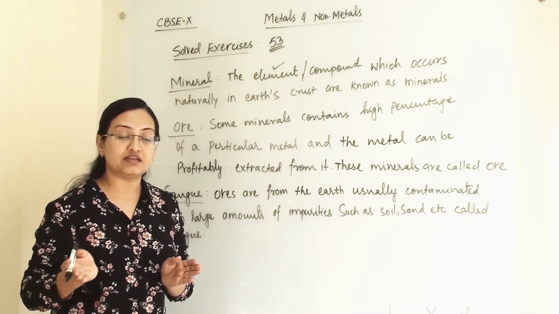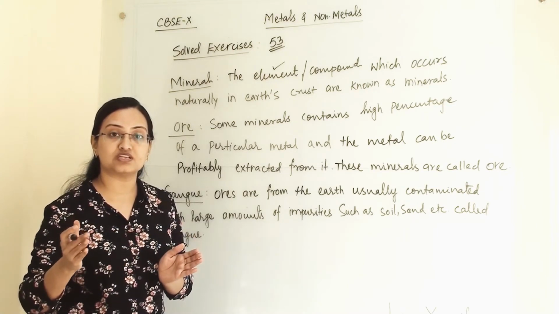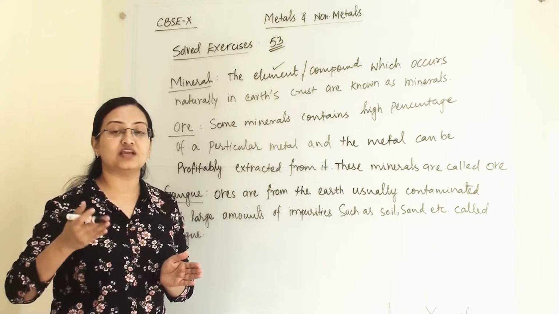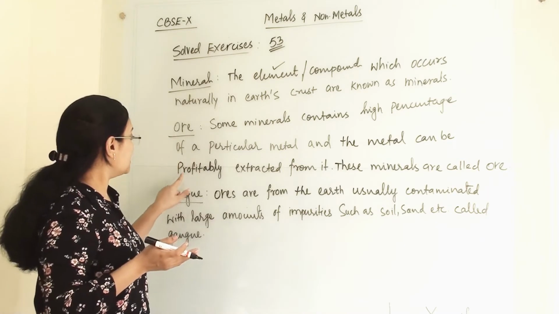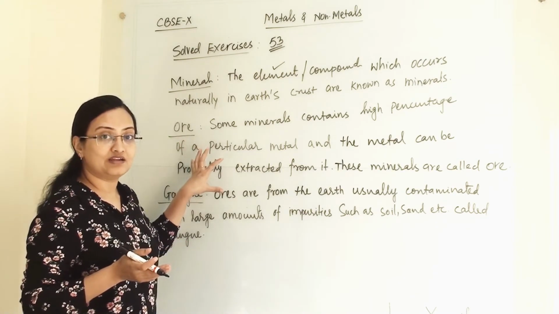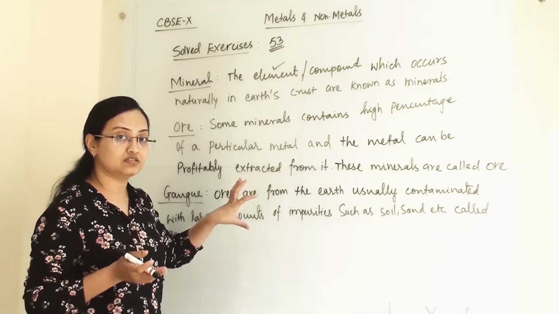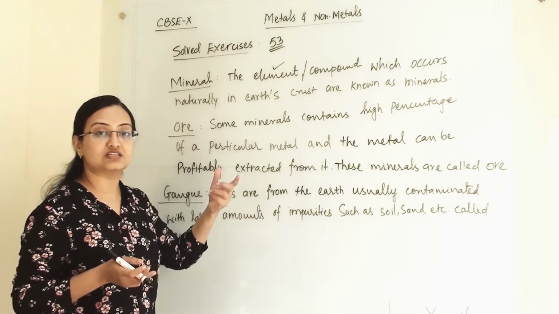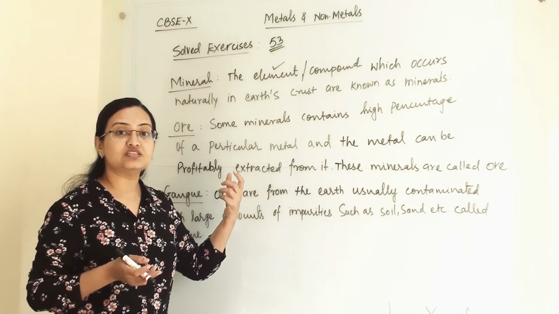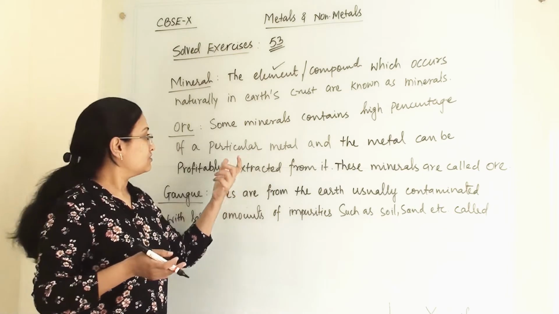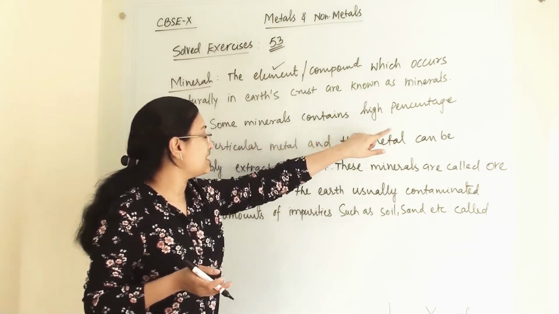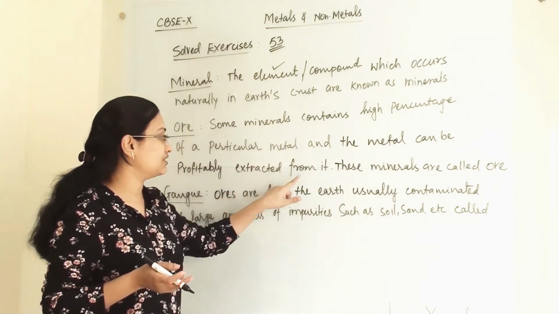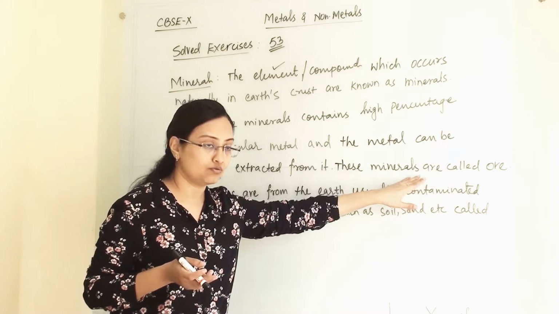That means we can recover the extraction process cost, and the surplus we can count as profit. If that much metal is present, then it is known as an ore of that metal. We have discussed bauxite, which is an ore of aluminium. So, some minerals contain a high percentage of a particular metal, and the metal can be profitably extracted from it. These minerals are called ore.